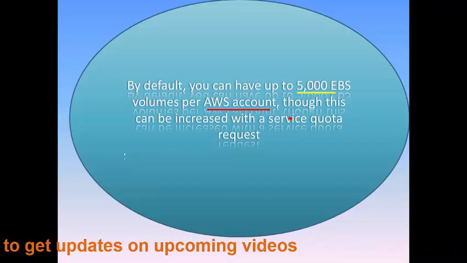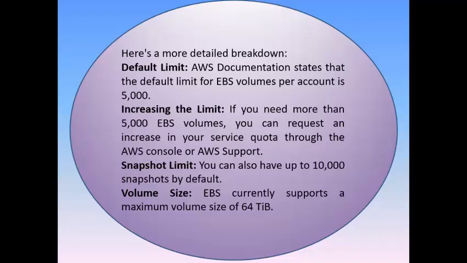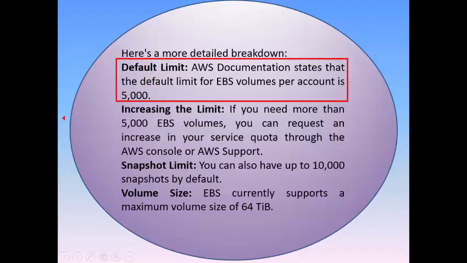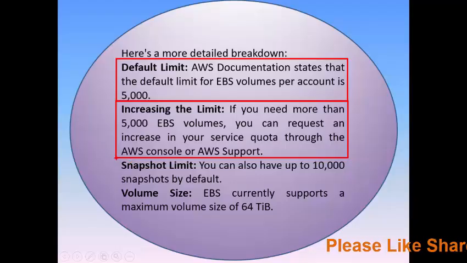But by default, it is 5,000 EBS volumes per account. So as I have told you, the default limit is 5,000. If you need to increase the limit, you can do that by sending a request to Amazon.